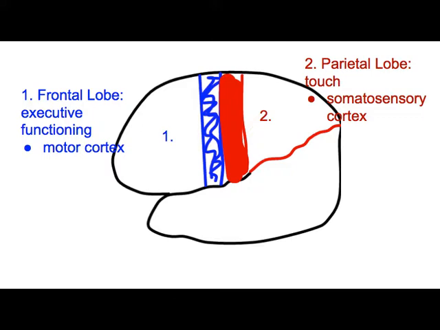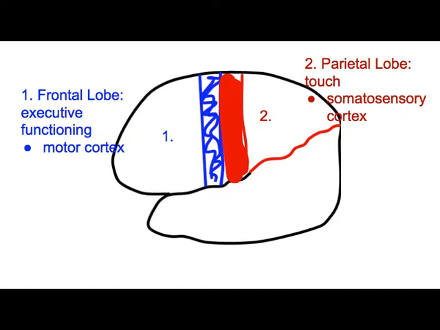Now, what we're going to look at here, and this is kind of creepy, it almost looks like science fiction, is that these strips on our cortex are not equal, so it's not proportionate to our body. Let's say for movement, what parts of our body have to do a lot of different movements?